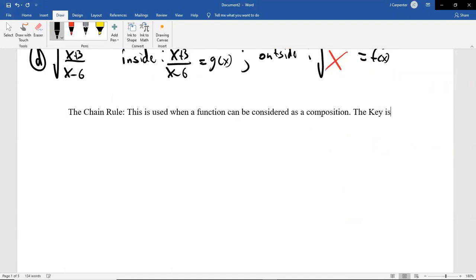Key is finding the outside and insides, like above, given a function that could be represented as f of g of x. That is the key.